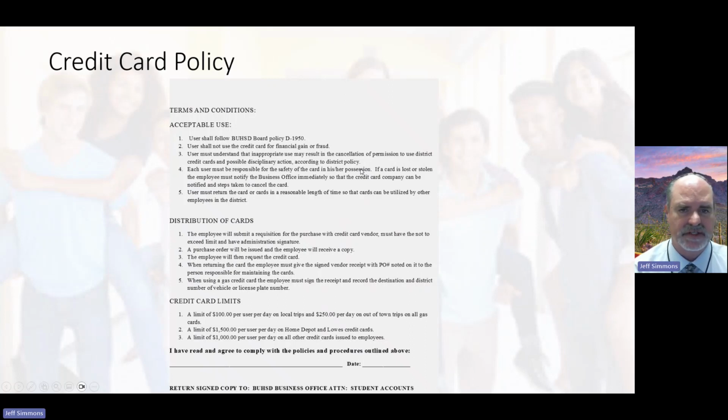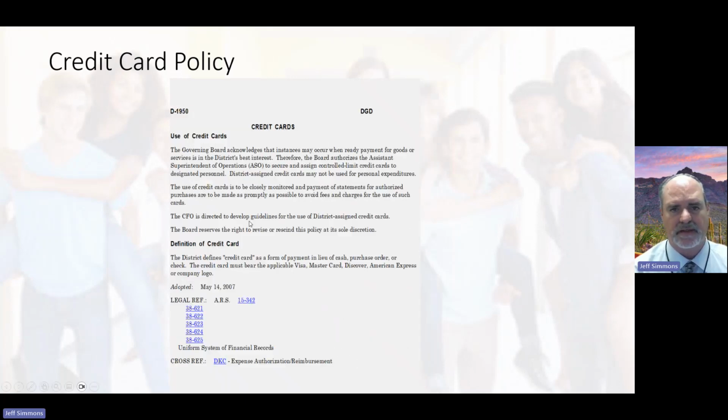We have a credit card policy here of acceptable use, how the cards are distributed and the limits on the cards. We'll get the packets out to you, but please take a moment to sign off on these. We're determining if electronic signature is correct, but one way or the other, we'll have you sign off on this and you'll have the directions of what to do.